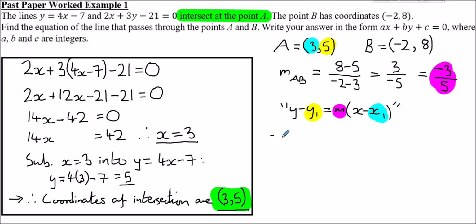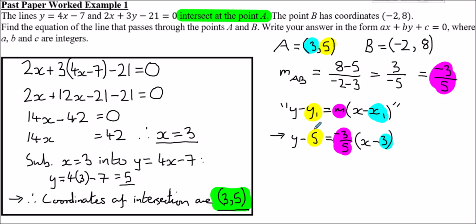So just plug in these values. We get y minus 5 equals minus 3 fifths, x minus 3. Again, just to remind you, because the known y-coordinate was 5, we worked out the gradient m was minus 3 fifths, and the known x-coordinate was 3.